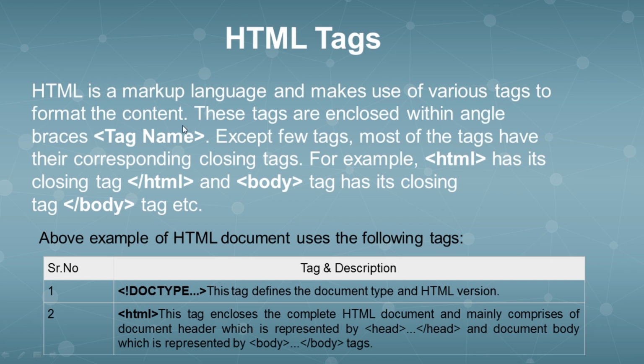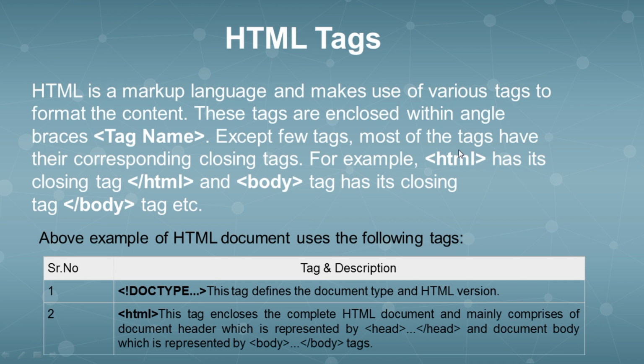First of all we have to understand what an actual tag is. You can see the angular bracket open and angular bracket close; whatever name comes within that is considered the tag name. For example, here angular bracket open, HTML, angular bracket close, this is considered the HTML tag.